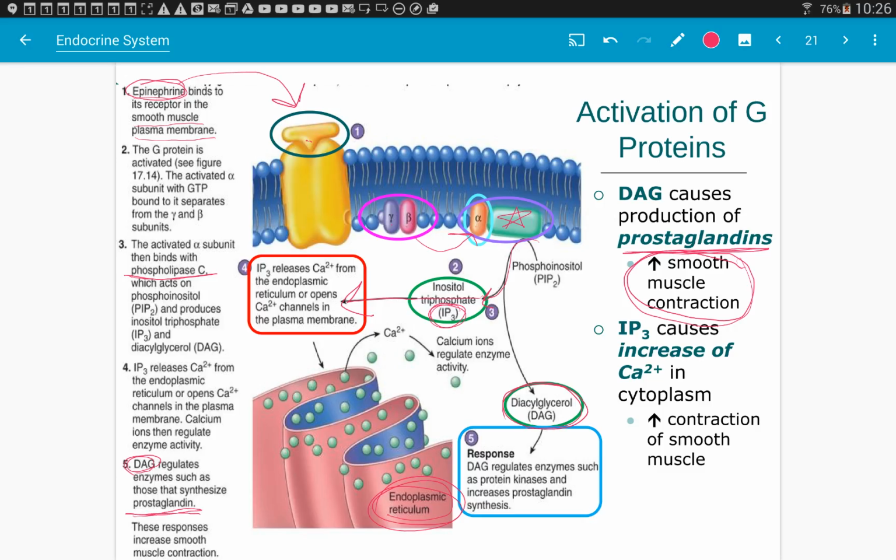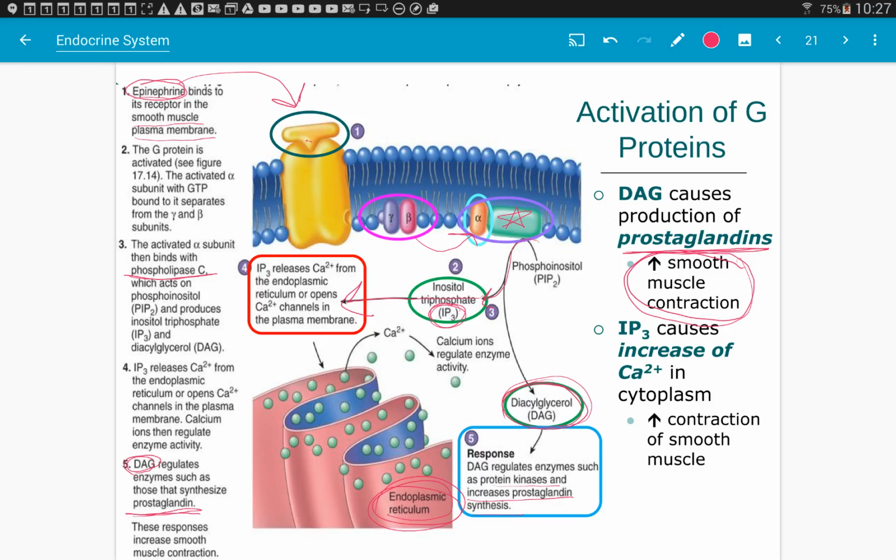So if DAG is also stimulated, it is going to regulate proteins that make prostaglandin. So not only are you ultimately causing the release of calcium, you are also producing prostaglandins.